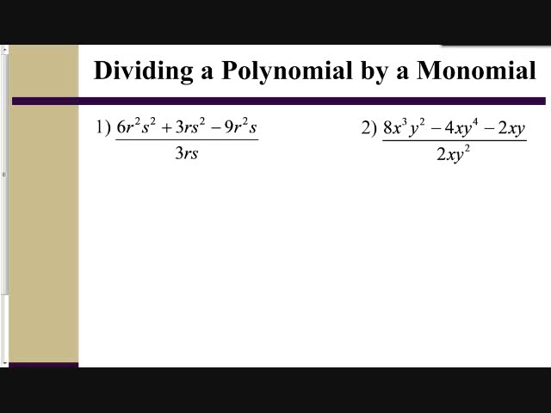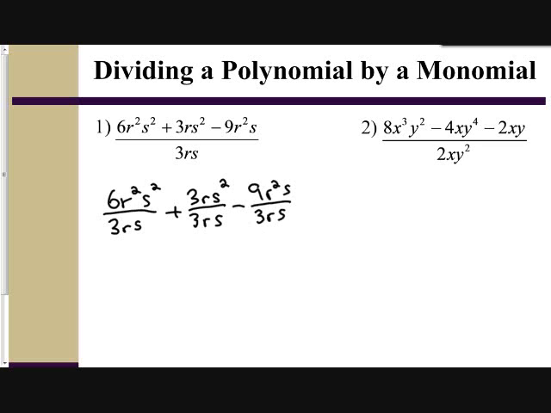One, where it is 6r squared over 3rs plus 3rs squared over 3rs minus 9r squared s over 3rs. And then we just perform our properties of exponents to simplify each fraction separately. In the first fraction, we see that 6 divided by 3 is 2.